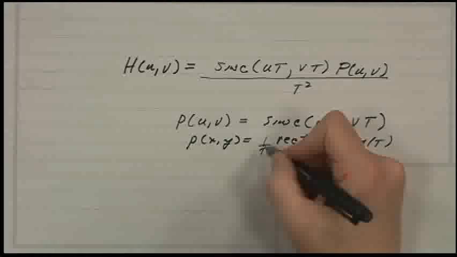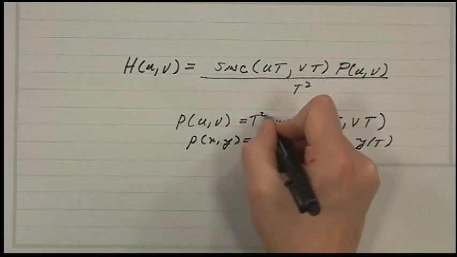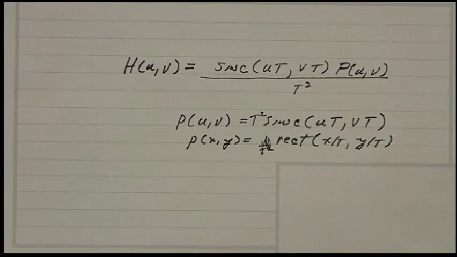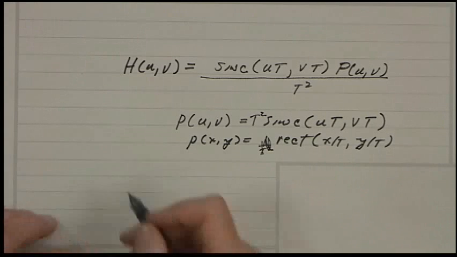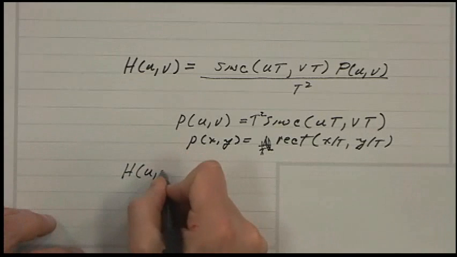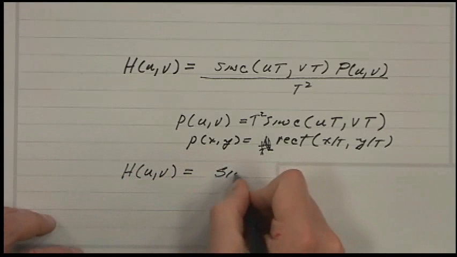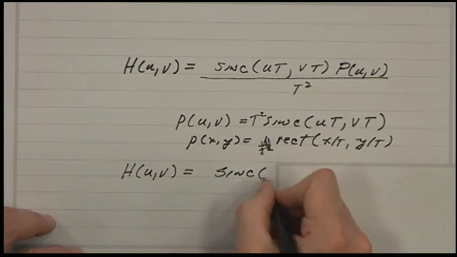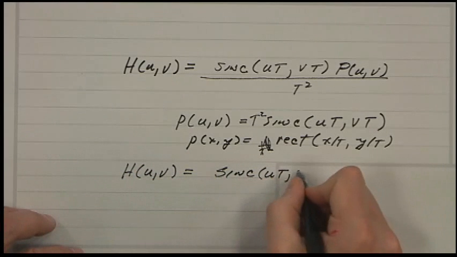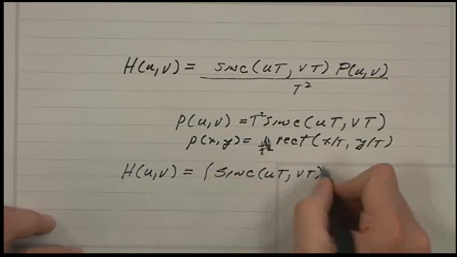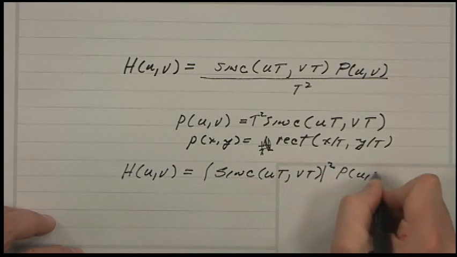If not, then the other way to do it is to put a t squared here. So if that's correct, then H of UV is equal to Sinc of UT, VT squared times P of UV.